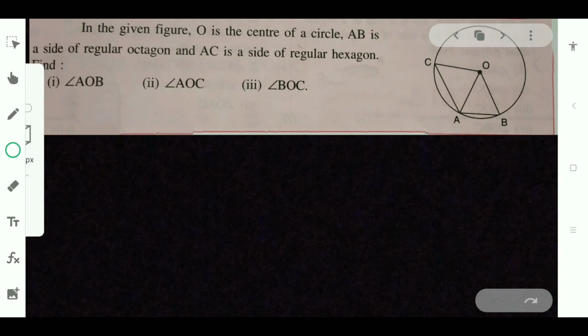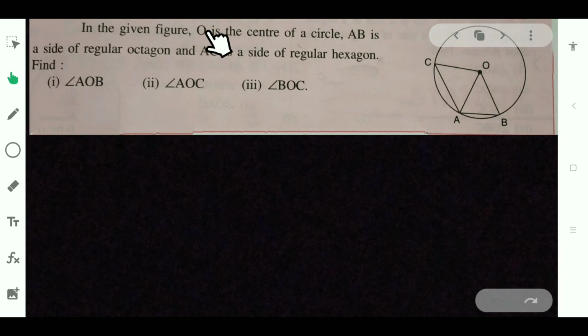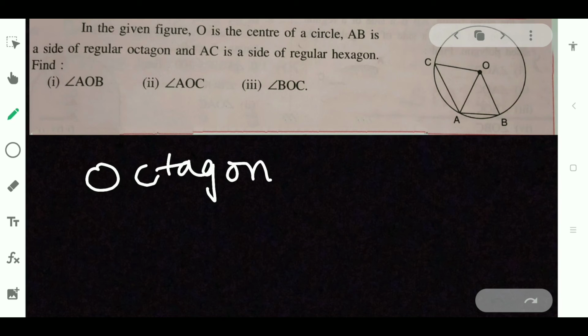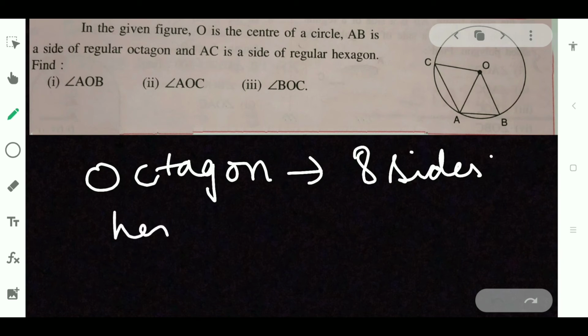Now here in a given figure, O is the center of the circle, AB is a side of a regular octagon. Octagon is nothing but a polygon with 8 sides, and AC is a side of a regular hexagon.